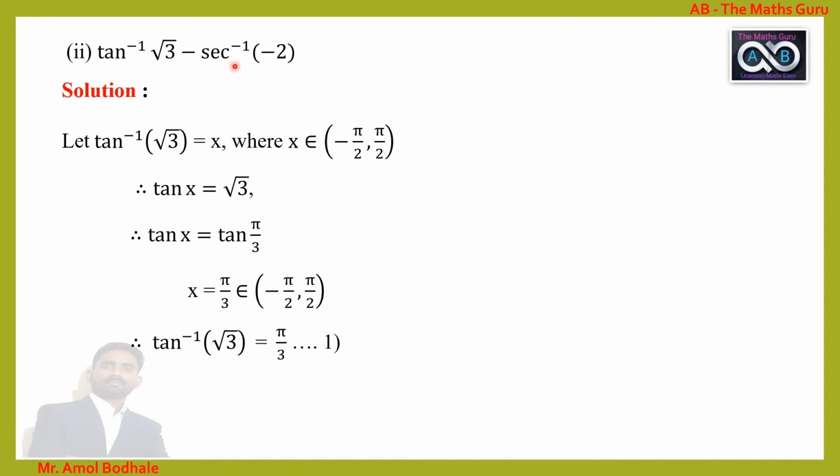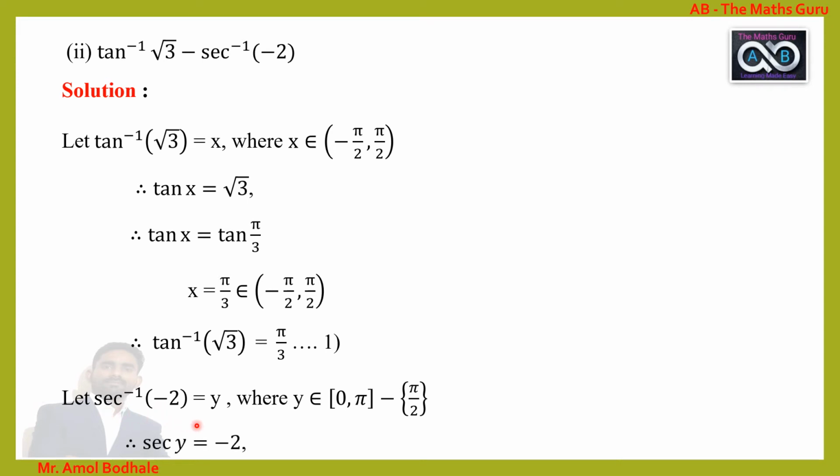Let's calculate the value of the second term. So let sec inverse of minus 2 be y, where y must belong to the range of sec inverse, which is the interval 0 comma pi except the midpoint, which is pi by 2. We can even solve this by taking the reciprocal. So here sec of pi equal to minus 2. As we know, sec of pi by 3 is 2.